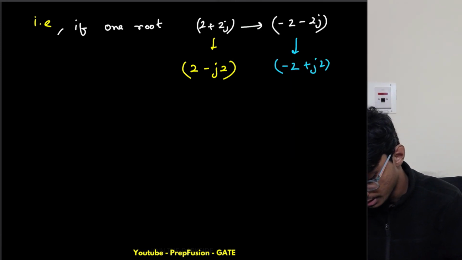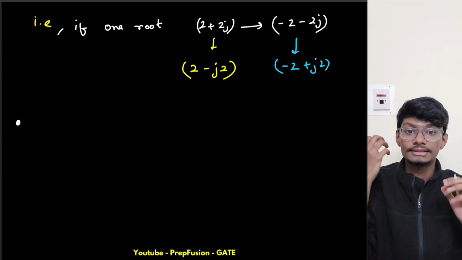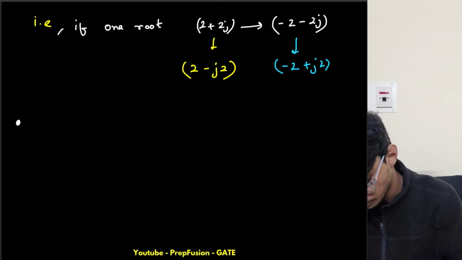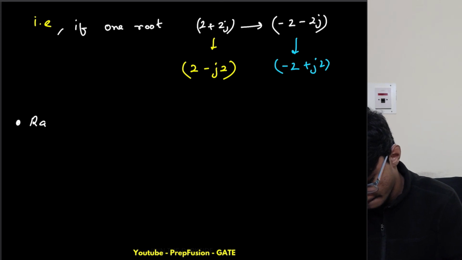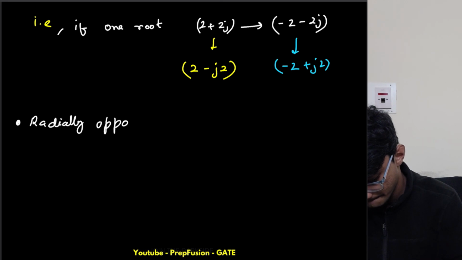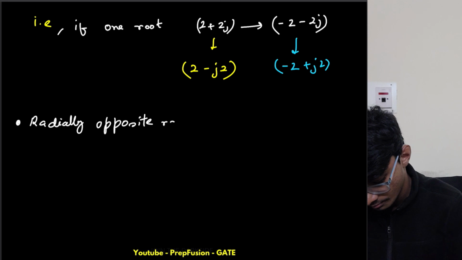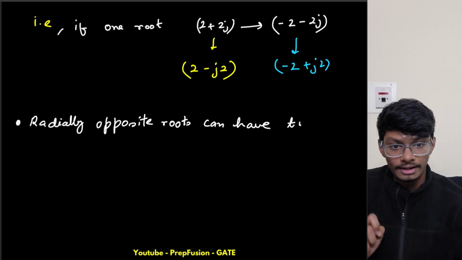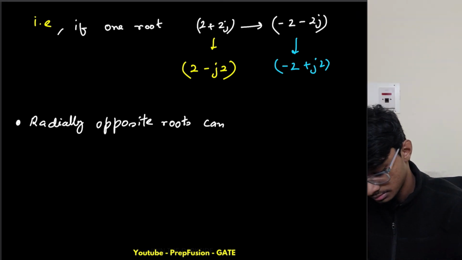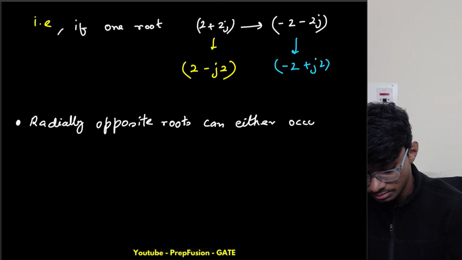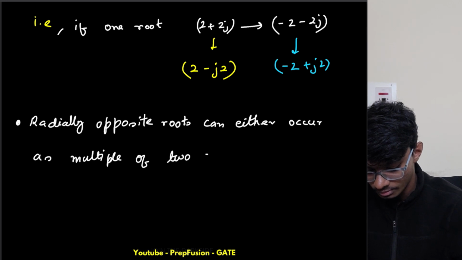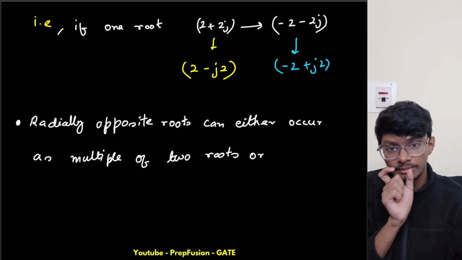That is the conclusion of this point: if I have a row of 0, that row of 0 can cause radially opposite roots, and those roots can occur as multiples of 2 roots or multiples of 4 roots.